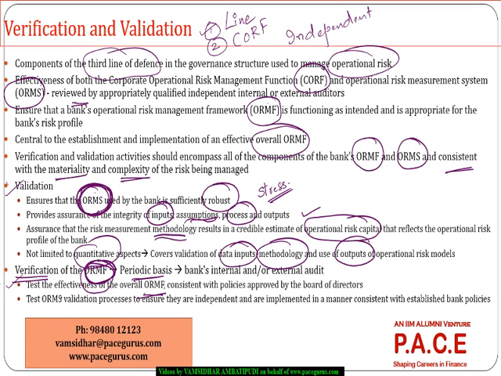And you test whether the system that has been developed, and the validation process for the ORMS that has been developed, ensure that the system is independent and implemented in line with the policies of the company. So verification and validation is one core aspect which will drive the effectiveness of the AMA framework.